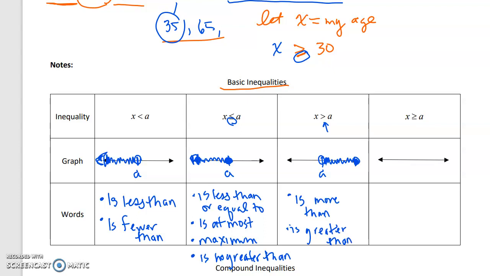And our final symbol, x is greater than or equal to a, which is what we had up here in our warm-up. So we have that a value. This time we shade it in because we could equal our starting value there. And again, we shade to the right. So is greater than or equal to.